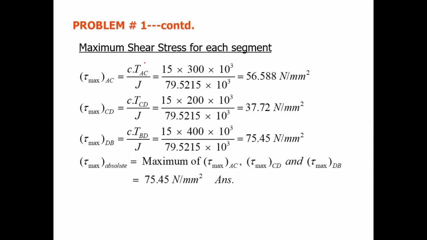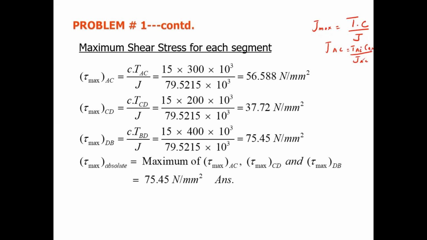Okay. Now what is the formula of tau max? Tau max is equal to T times C upon J. So we have tau max for AC. So we will use TAC, CAC, and JAC. Fortunately, CAC and JAC are same for all.